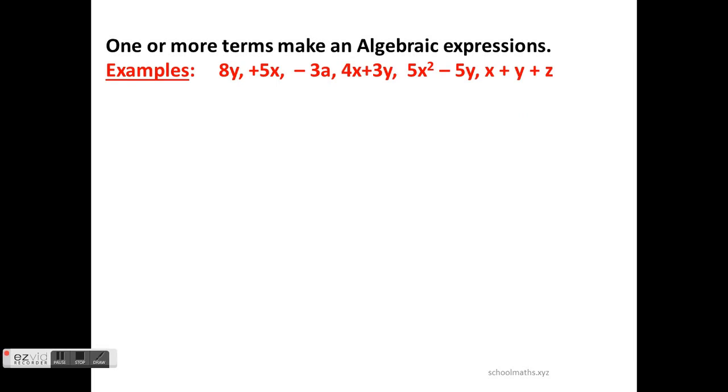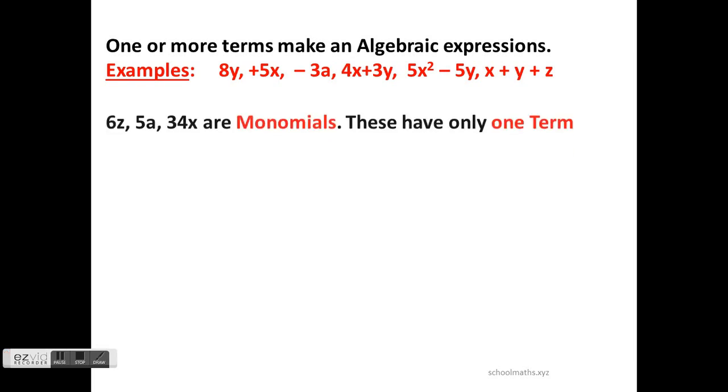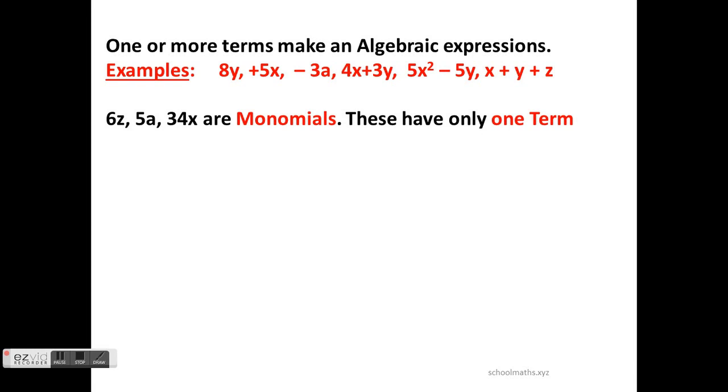One or more terms combined together make an algebraic expression. See here, examples: 8y plus 5x, minus 3a, 4x plus 3y, 5x square minus 5y plus x plus y plus z. All these are algebraic expressions. See here, 6z, 5a, 34x are called monomials.